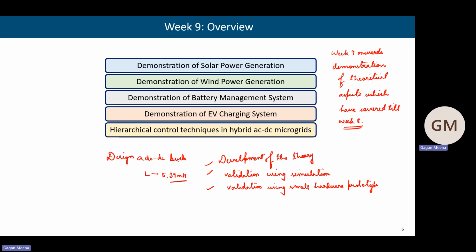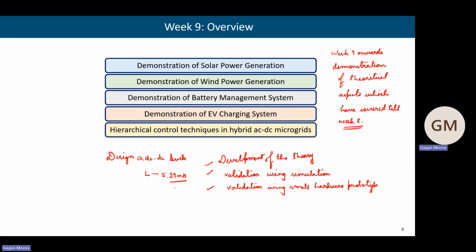Now when we want to design this on actual hardware, we might not be able to get a 5.39 millihenry inductor. That may not always be possible.